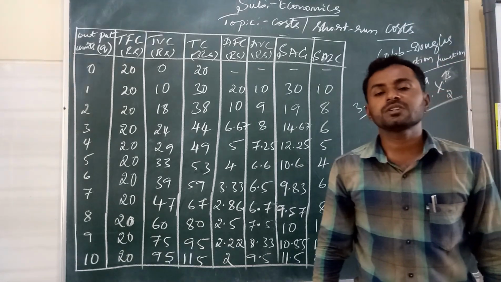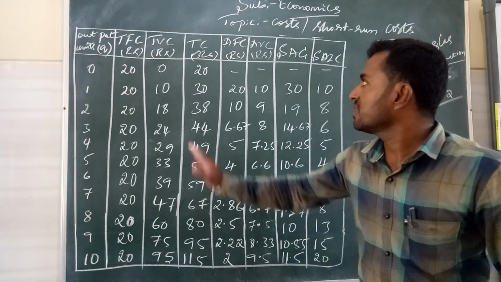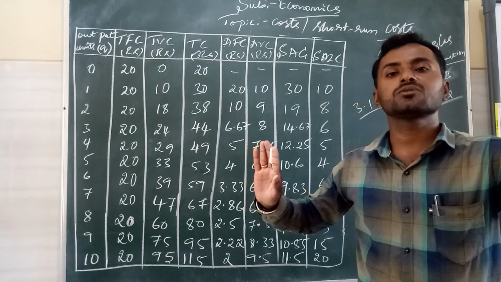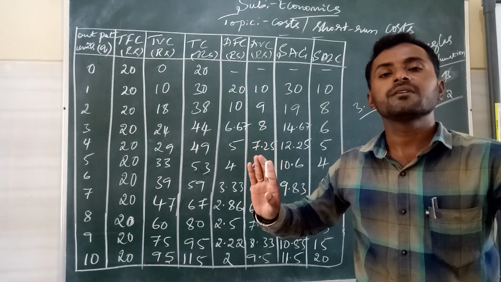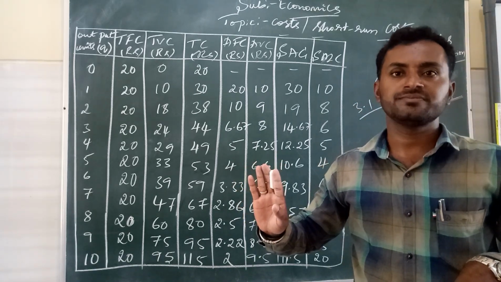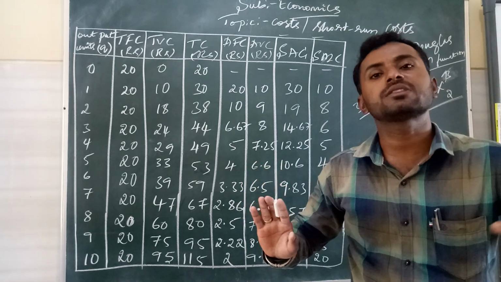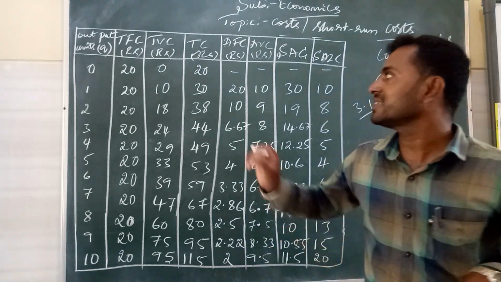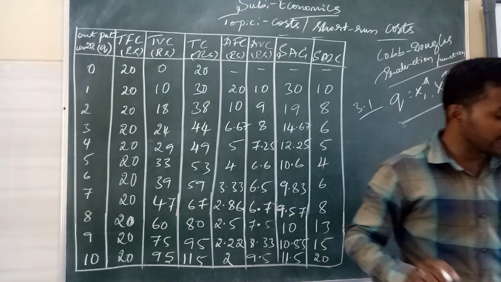We can do the production or we do not do the production, we have to pay the fixed cost. That is called total fixed cost.